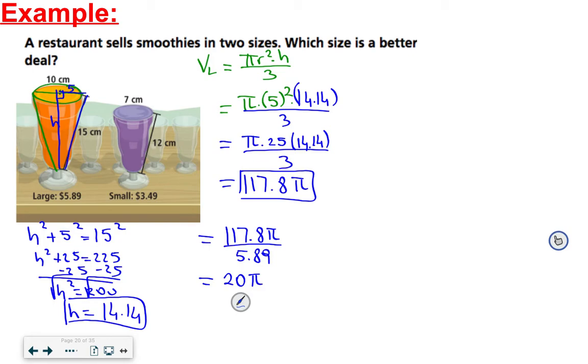What does that mean? For per dollar, you are going to get 20 pi cubic centimeter of smoothie.